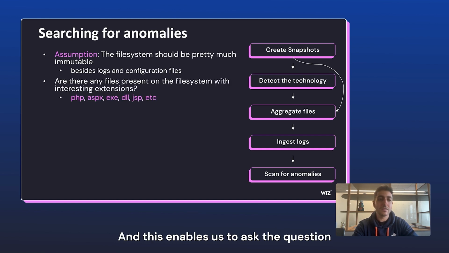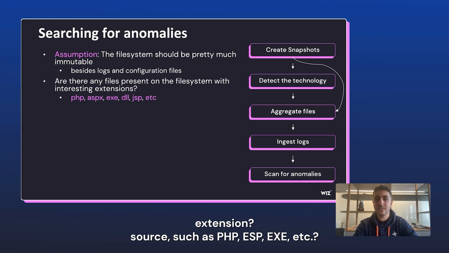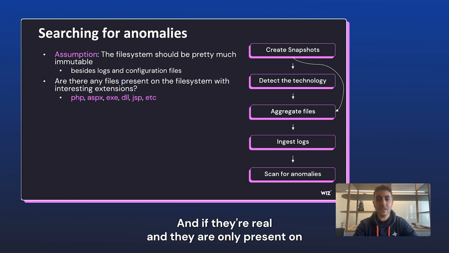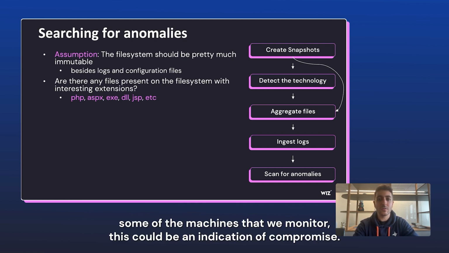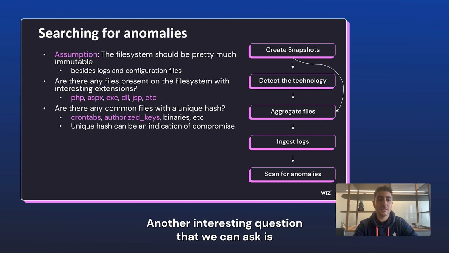And this enables us to ask the question: are there any files present on the file system with an interesting extension, such as PHP, ASPX, EXE, etc.? And if there are, and they are only present on some of the machines that we monitor, this could be an indication of compromise.